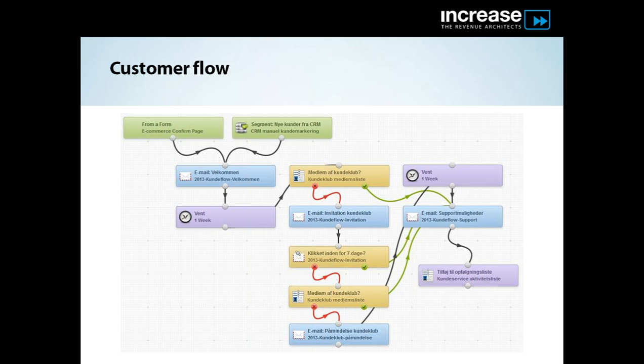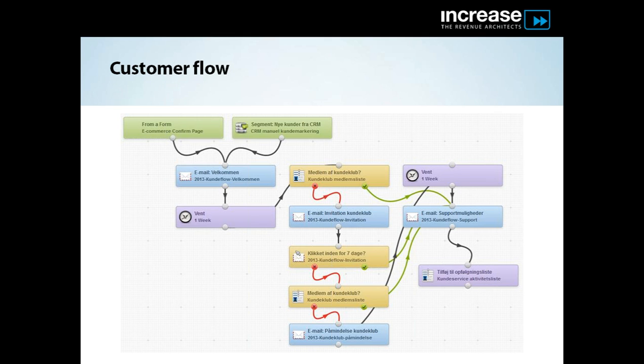Or maybe the system should monitor some data from your CRM to see when people get a status of being a new customer. And then we send an email welcoming people to our company. And in this case, we check if they're a member of our customer club, and otherwise we're inviting them to join as a member, and so forth.